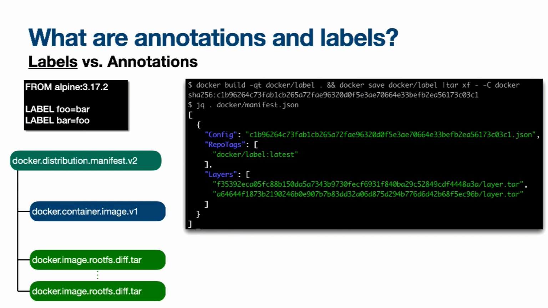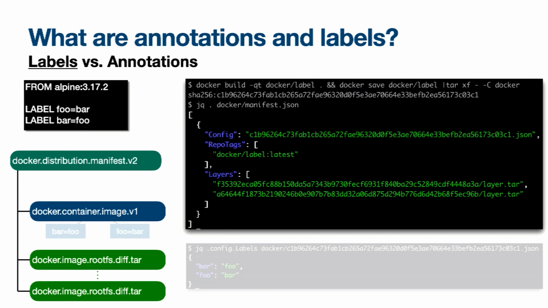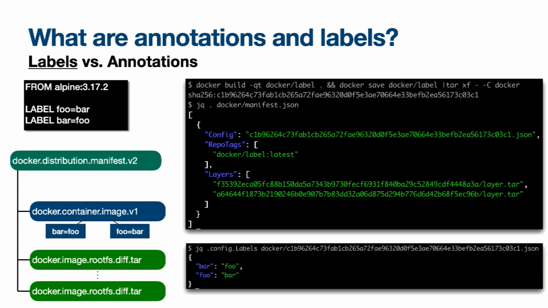The actual labels are part of this config object. It's just a JSON blob that has, among other things, what command to be used, what entry point, what environment variables, and so on. It also stores the labels.